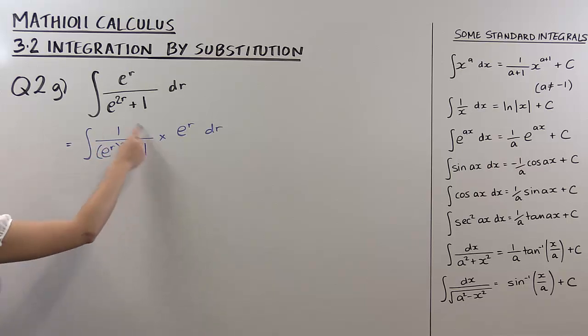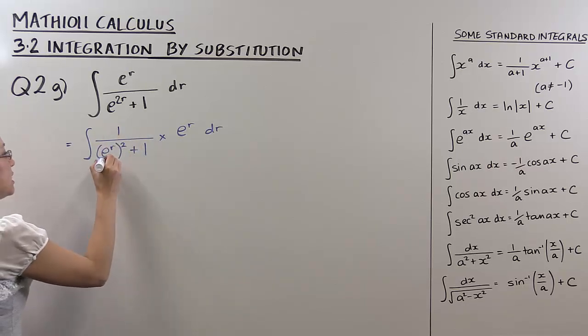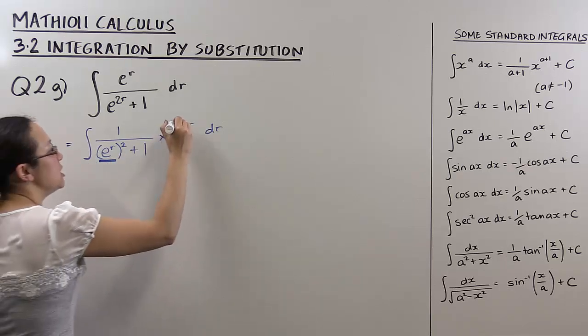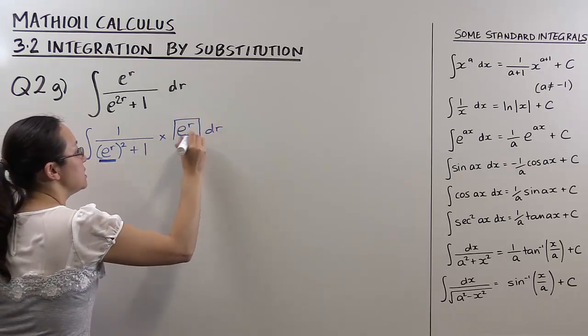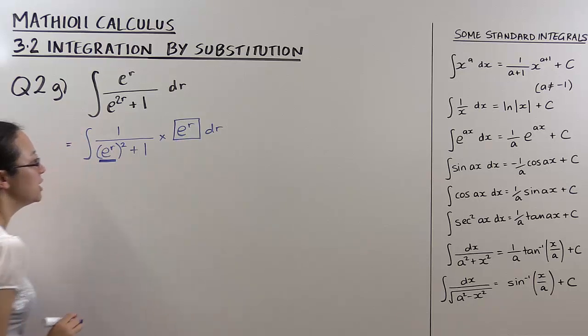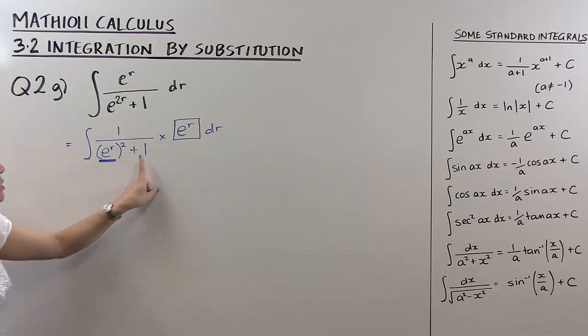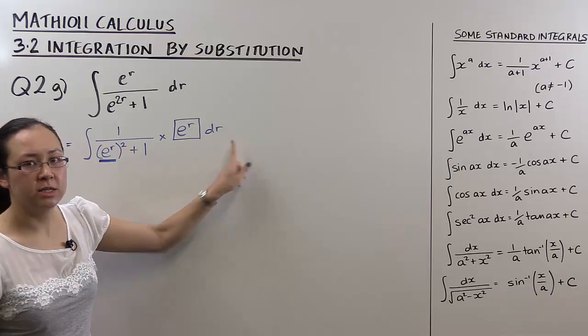So this looks like an inverse tan, and the key is that the inside of this, e to the r, differentiates to something that's sitting here already. So we can use a reverse chain rule, or we can use the substitution u equals e to the r, and then this would become 1 on u squared plus 1, and this would become the du.